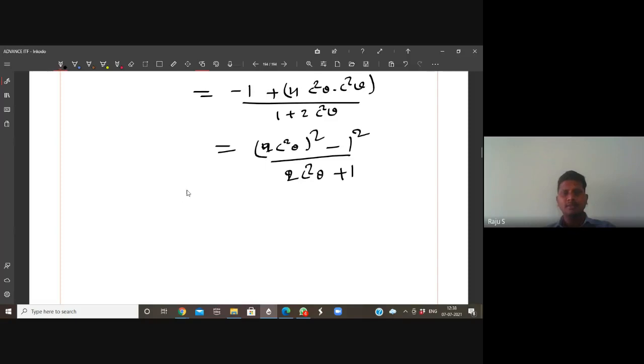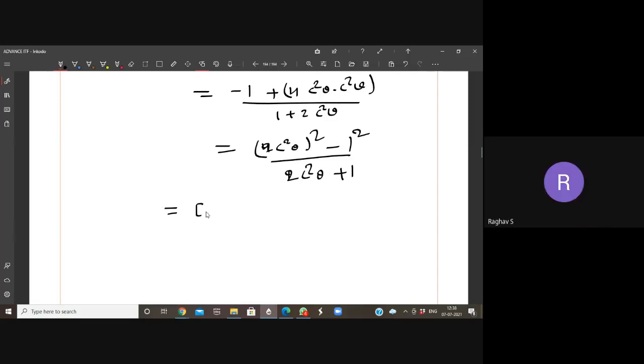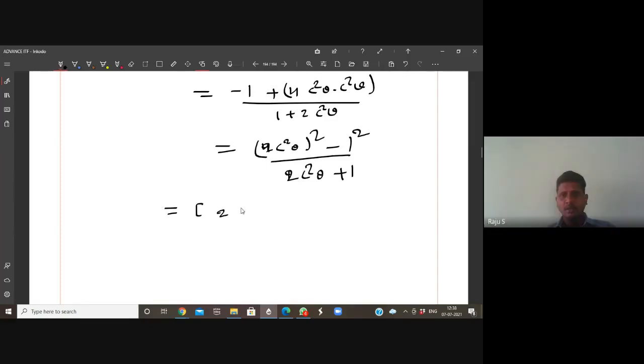A square minus b square formula: 2 cos square theta plus 1 into 2 cos square theta minus 1, a plus b into a minus b, divided by 2 cos square theta plus 1.